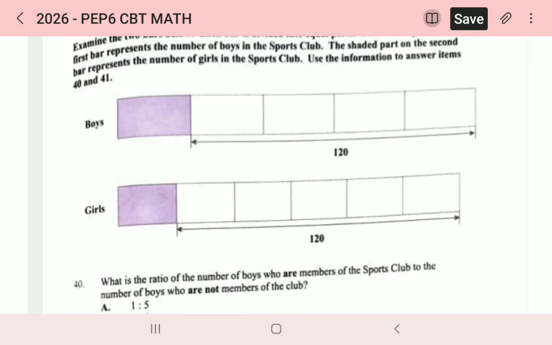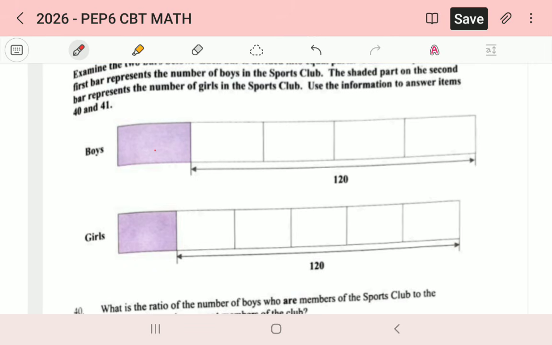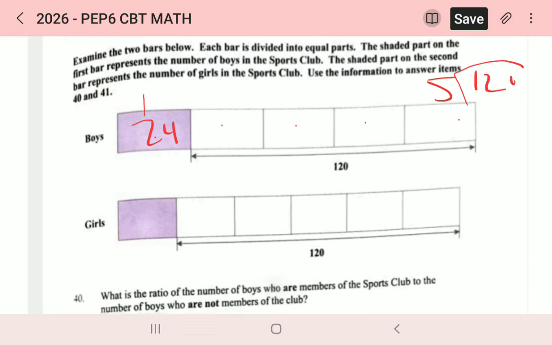So let's see what each box would represent. 1, 2, 3, 4, 5. 5 into 120, you'd have to divide to see what each box is. So 120 divided by 5 is about 24. So let's say this is 24. Now we have to do the working out to see what over here would be.